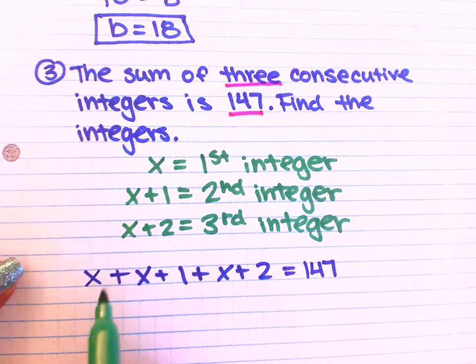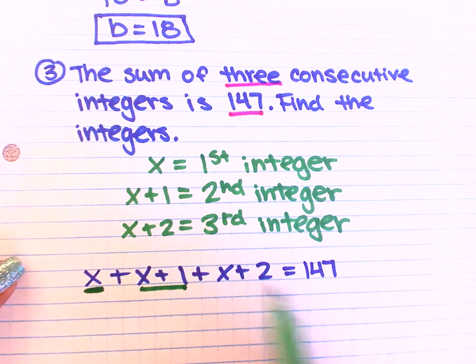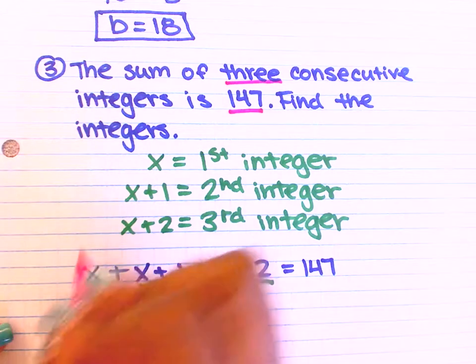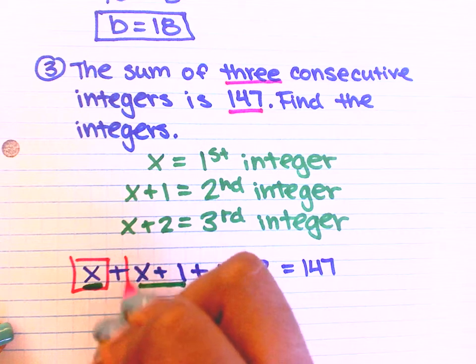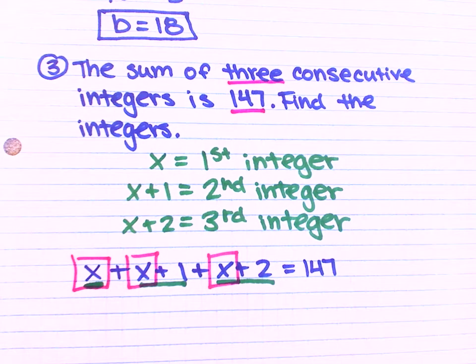Okay, so again, this is integer number 1, this is integer 2, and this is integer 3. It says the sum, so I'm just adding them all up. Now, I can look at this and say, you know what? I see like terms. I see x, and x, and x. And I know that in front of my invisible x is my friend number 1.